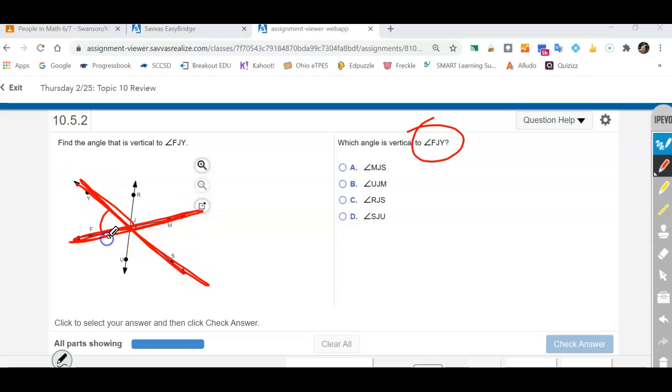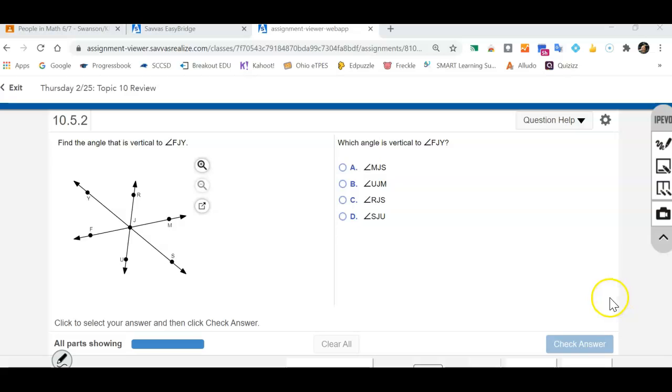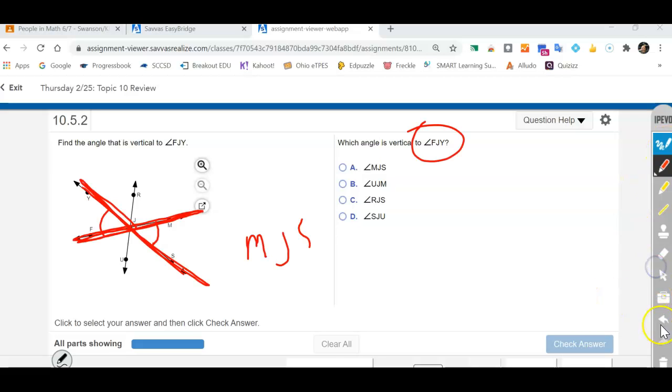My given was right there. So now I can see vertically the angle MJS is across from it. Right? Vertical means they're across. They're also equal in measure. Make sense? You guys remember that? Of course you do, right?